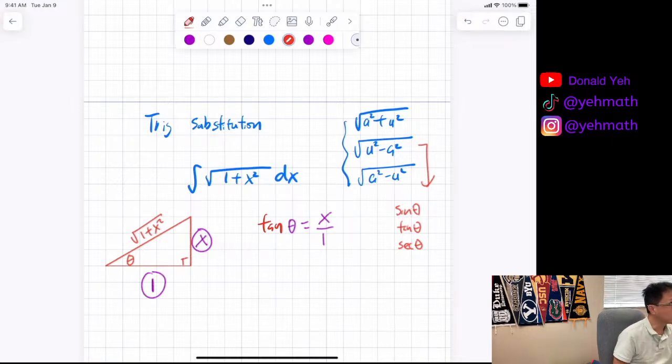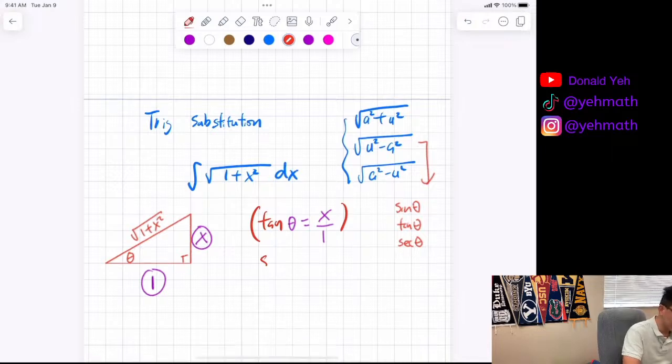Now before I plug in, I'm going to take a derivative on both sides, so no more integrals. What's the derivative of tangent of theta? Secant squared theta d theta is equal to dx.